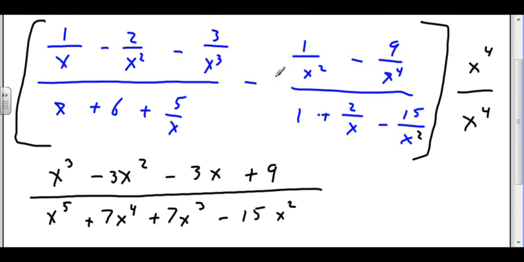Okay, so I'm going to look at this again. That's x cubed, minus 3x squared, minus 3x plus 9. Yeah, that's right, 9.